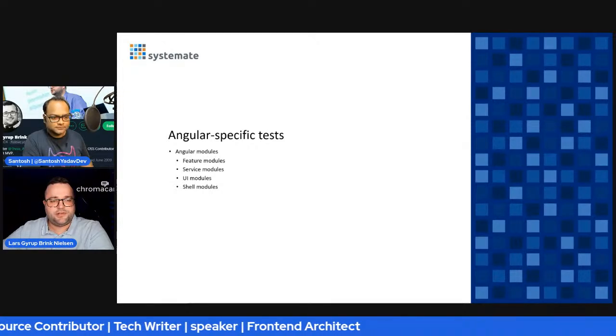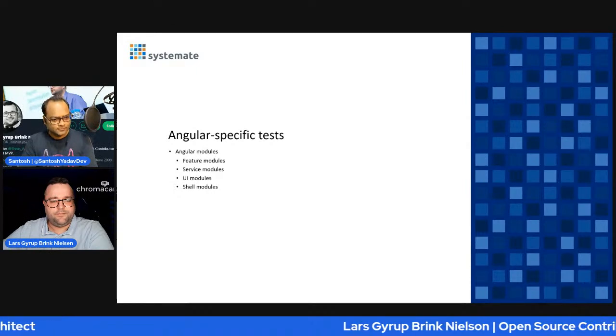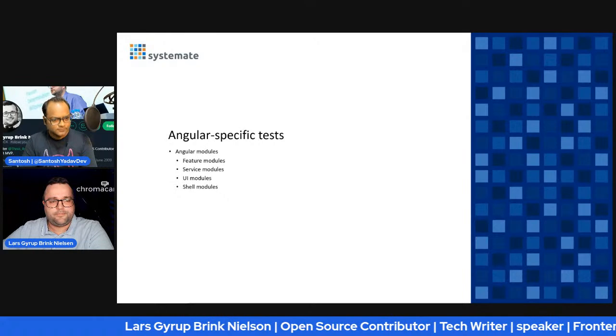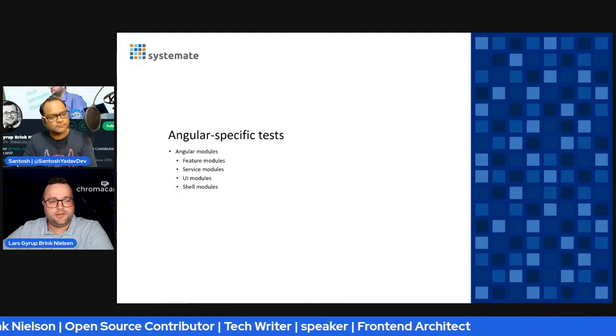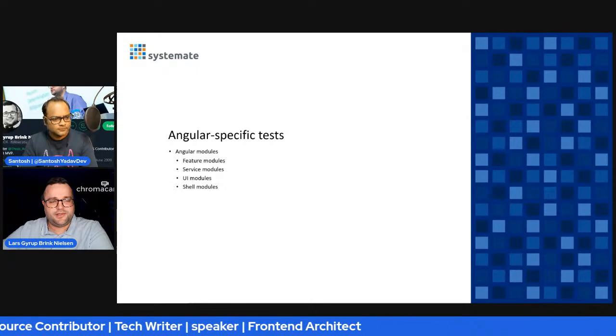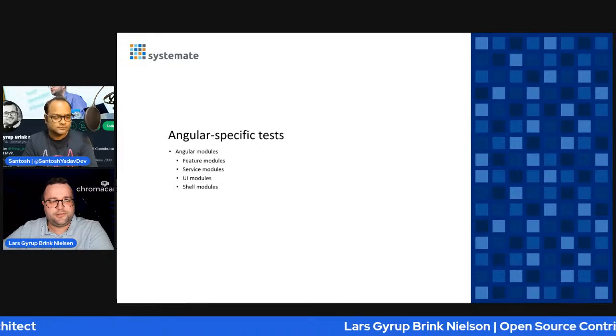We have a service module, which is about setting up providers and dependencies, and they are tested in a different way. We have UI modules that are full of declarables like pipes, presentational components, and directives, and they can be tested in a different way. And finally, we have the shell modules or the feature shell modules, depending on the pattern you're using. They have yet another way of being tested.